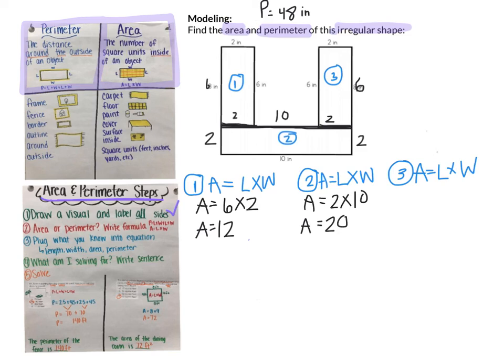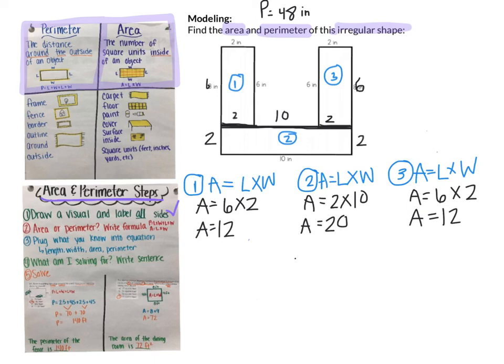Moving on to the third rectangle. Plugging in our dimensions. My length is 6. My width is 2. 6 times 2 is 12. So we've solved for the area of all 3 of our rectangles. Now we just need to add all 3 up to find our total area. So I'm going to stack and add.